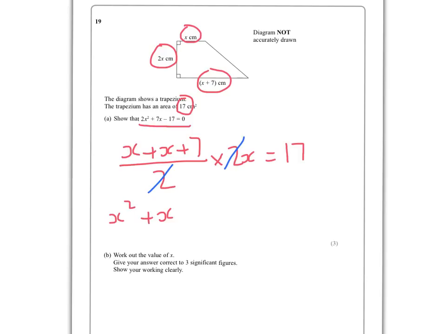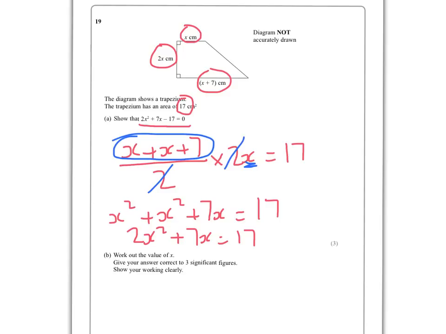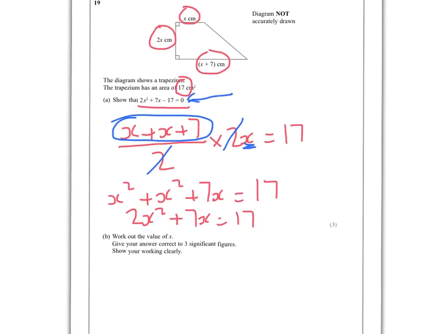X times x is x squared, x times 7 is 7x, and that equals 17. So I was timesing this x here by all this stuff up here. And then I just simplify, and we've got 2x squared plus 7x equals 17. Now, we know the answer to this, because they give us that in the question. If you rearrange that, take away 17 from both sides, you get that very answer.